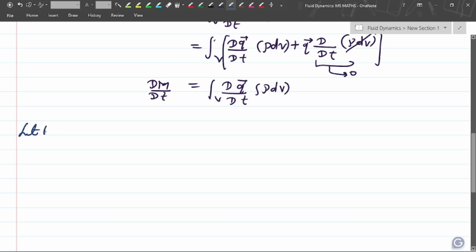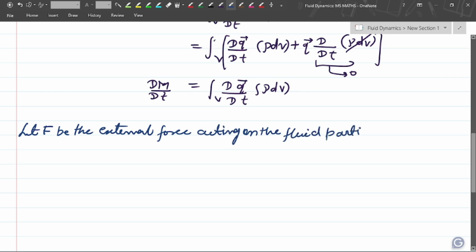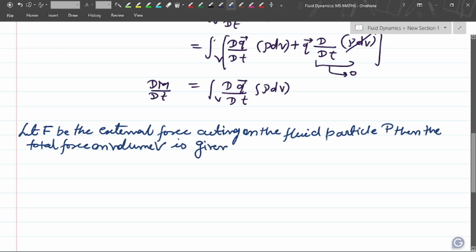Let F be the external force acting on the fluid particle P. Then the total force on volume V is given by force into mass, and mass is rho into dV.